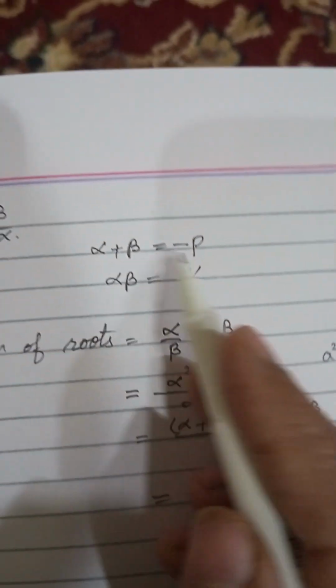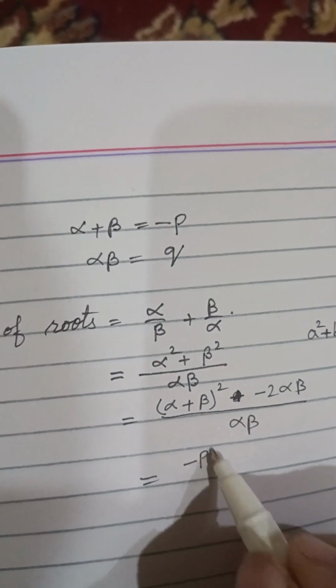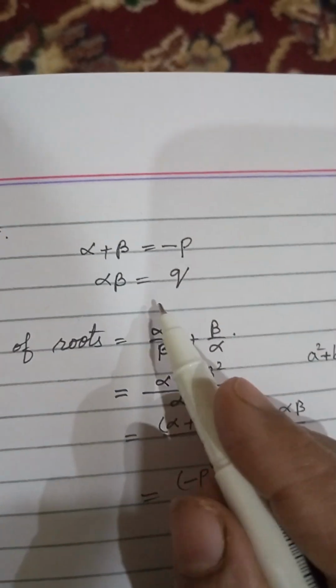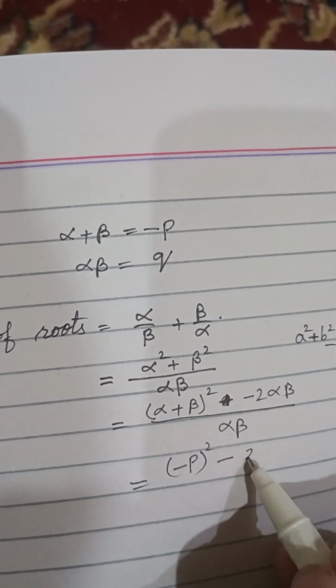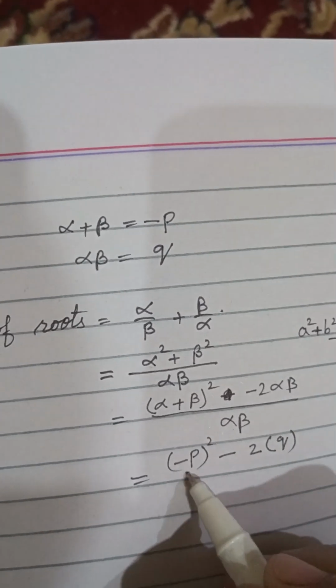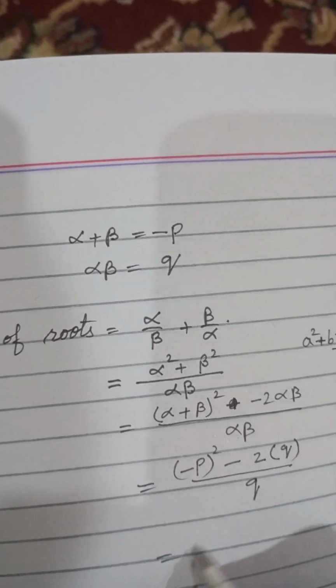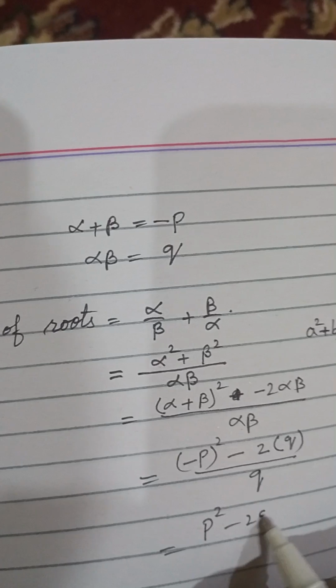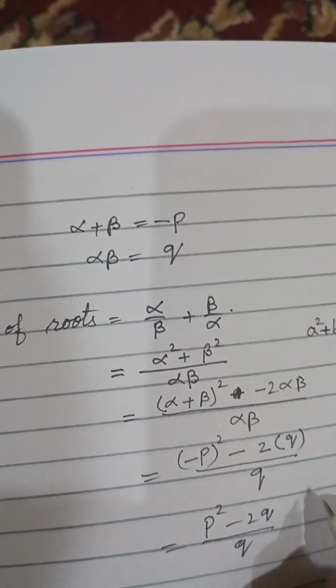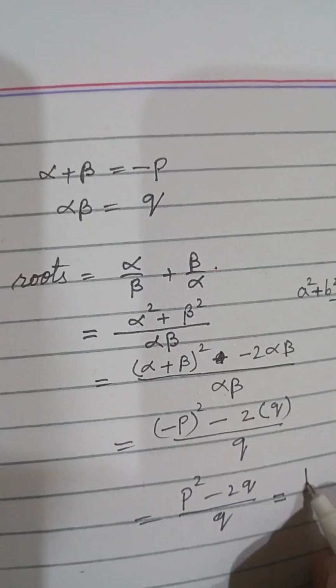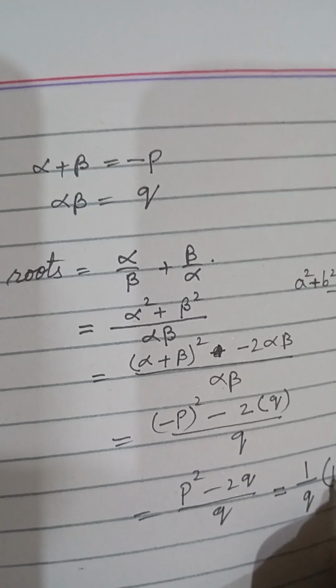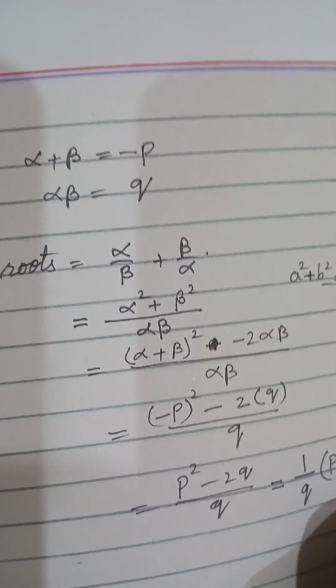Here alpha plus beta is equal to minus p, so p² minus 2q over q, which we can write as 1 over q into (p² − 2q).